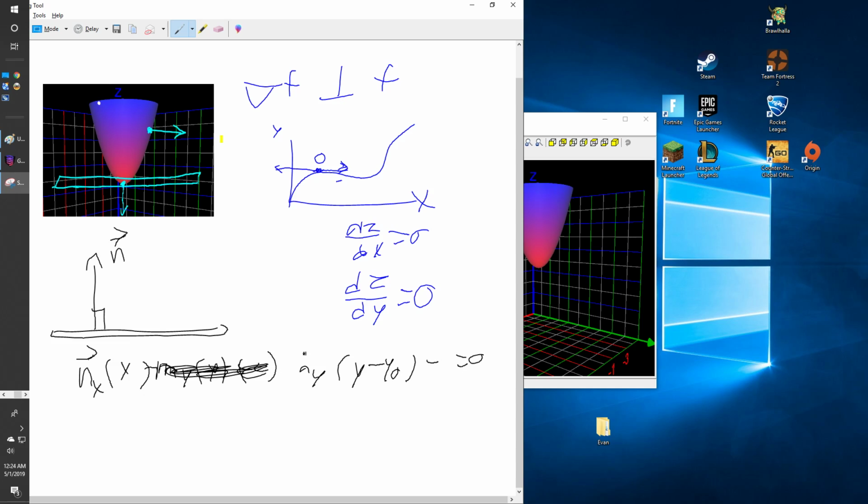But the normal vector is going to equal the 0 vector. This is all going to be 0, so then it's just going to be 0 equals z.